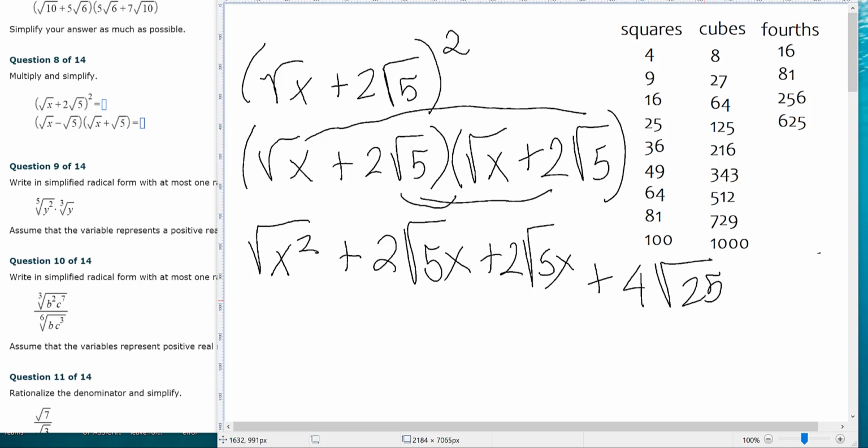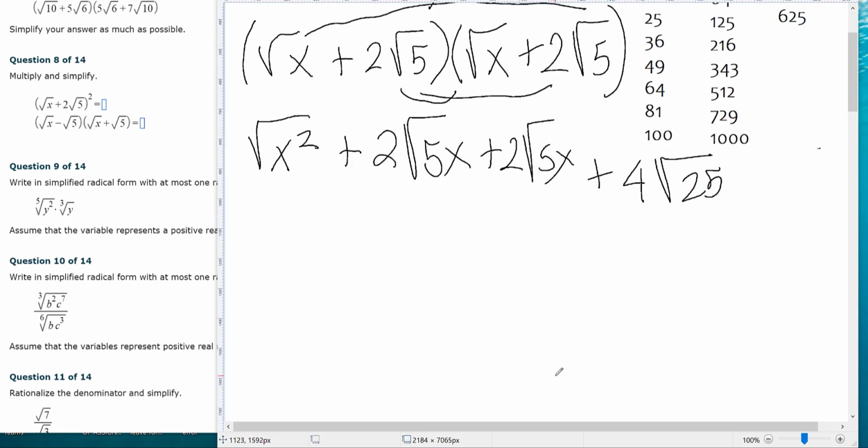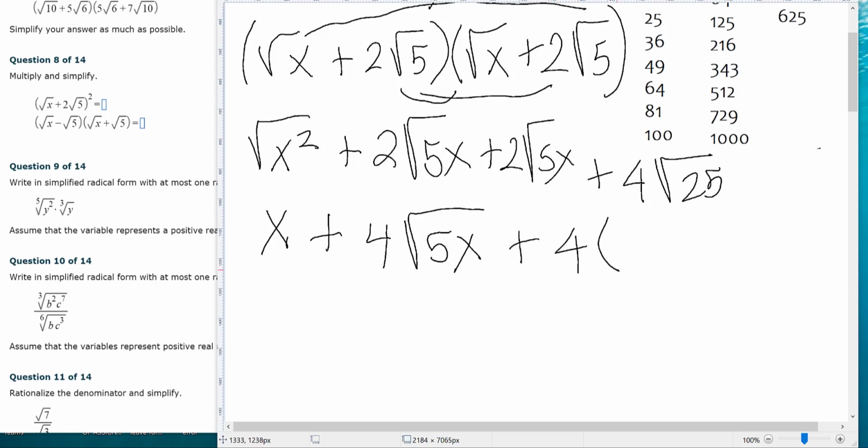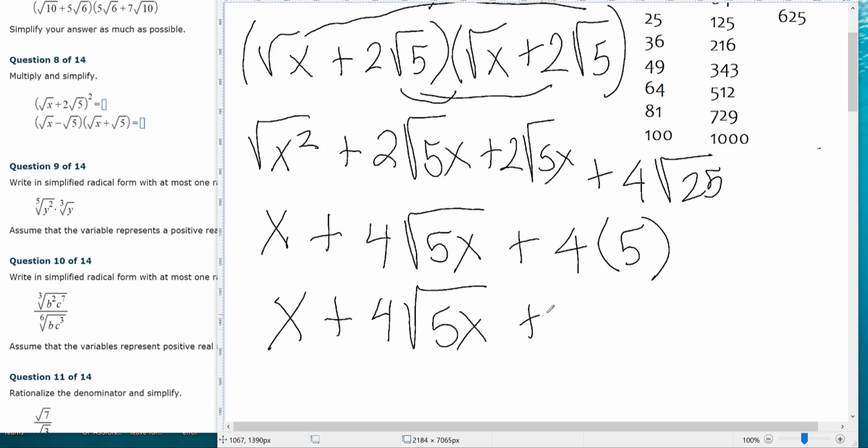Outside times outside, inside times inside. The square root of x squared is x. I have 2 of these and 2 more, so that's 4 square root of 5x. And then I've got 4 times the square root of 25, which is 5. So my final answer is x plus 4 square root of 5x plus 20.